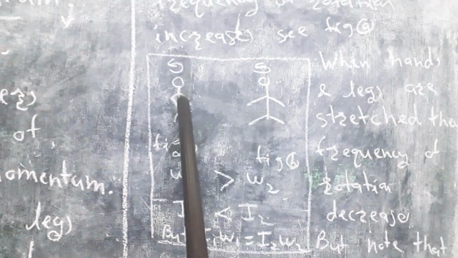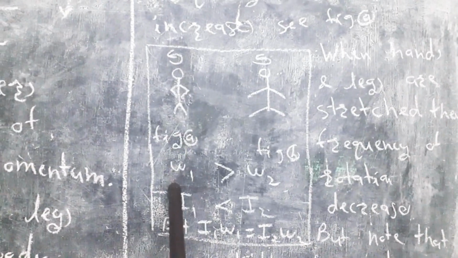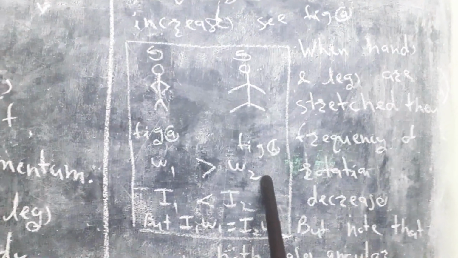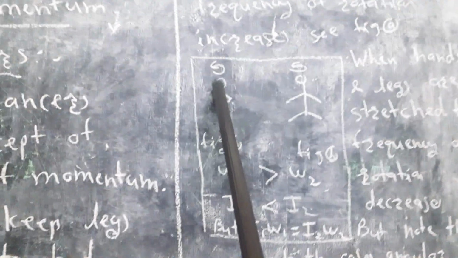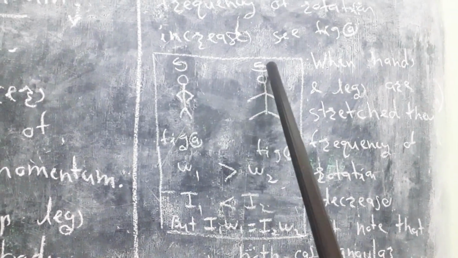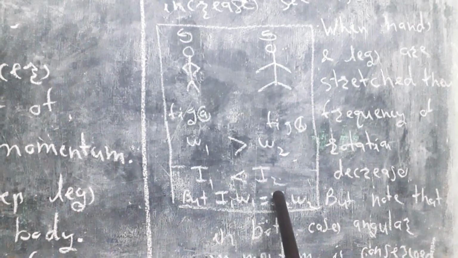So omega 1, the speed of rotation in the first case, is bigger than the speed of rotation in the second case. Why? Because the moment of inertia in the first case is somewhat smaller than in the second case. So I1 is less than I2.